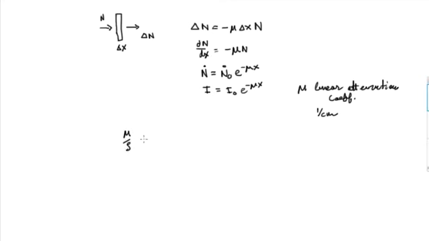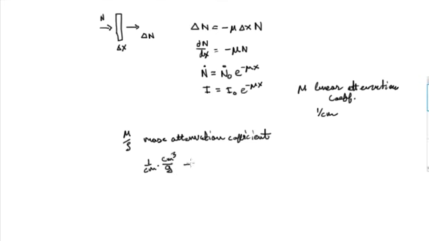mu over rho, and that's called the mass attenuation coefficient. The units of mu over rho, you can work that out: it's 1 over centimeters for mu, and then rho would be grams per centimeter cubed.